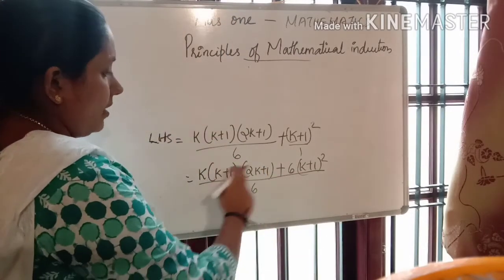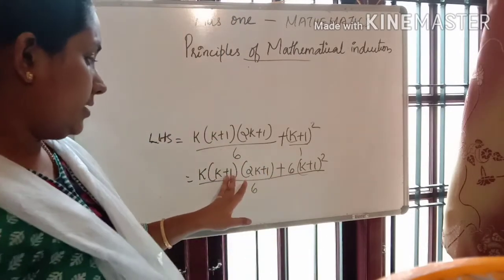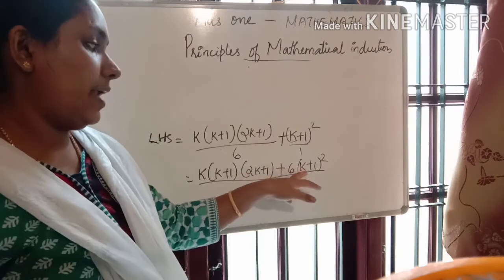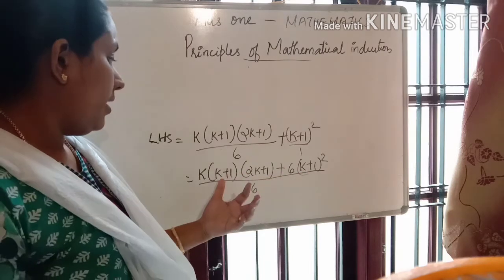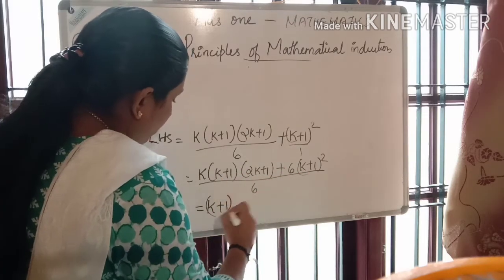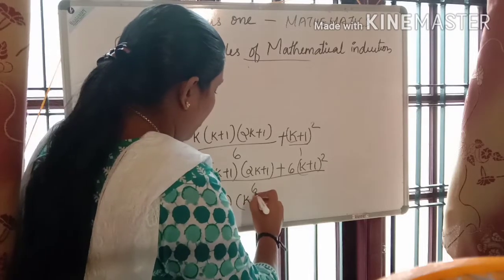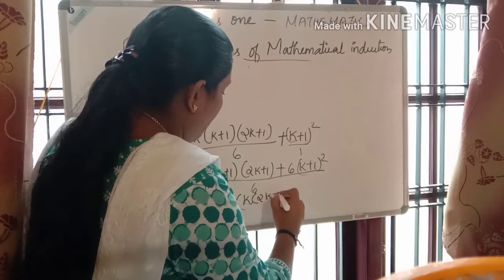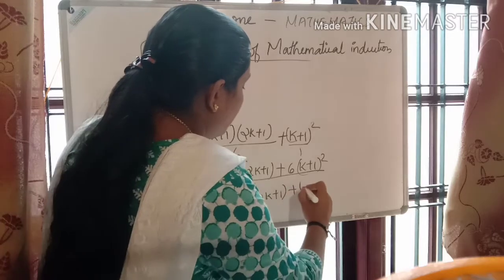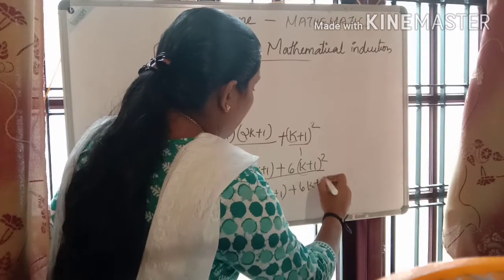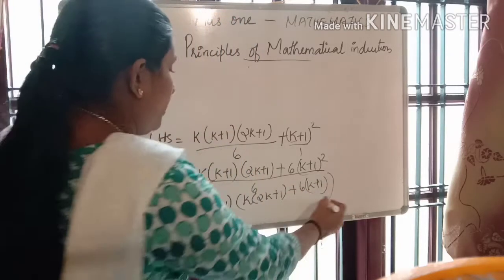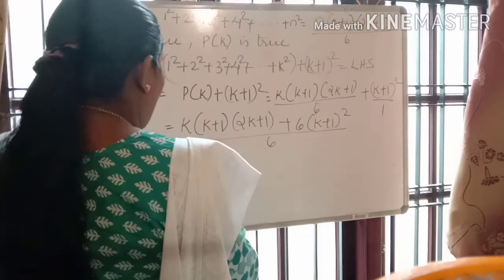Okay. From this, see, in this term K plus 1 is common and K plus 1 is also common. K plus 1 into K into 2K plus 1 plus 6 into K plus 1, right? Divided by 6.